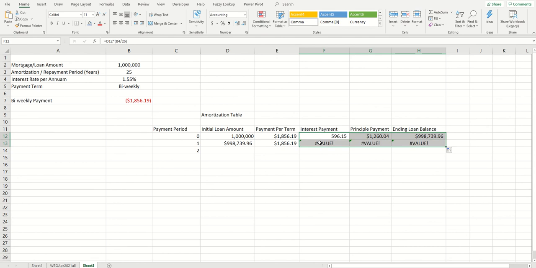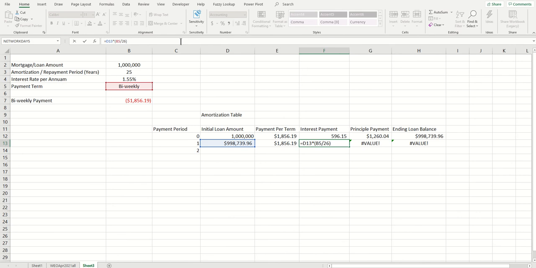Something is wrong here. Let's see why it is wrong. Oh, it's actually linking to something else because we didn't fix the cell reference. So let's go back and fix this formula, which is before D12, which is this number, which should change, but the interest rate should never change.